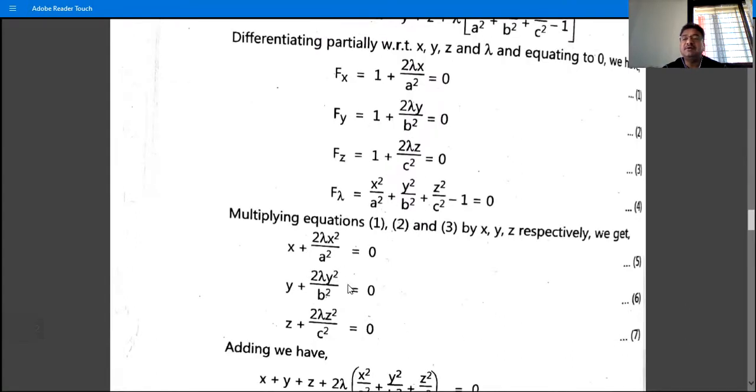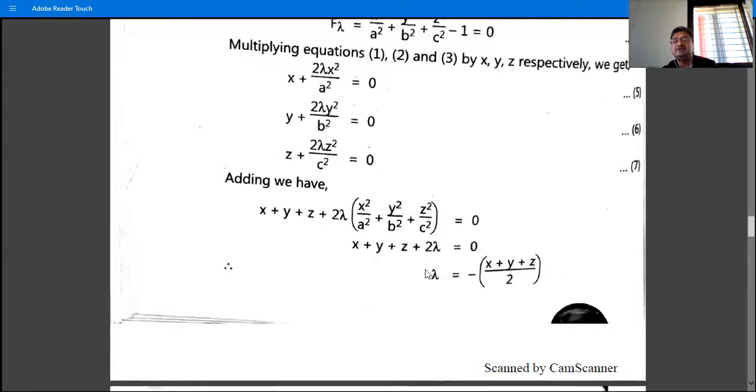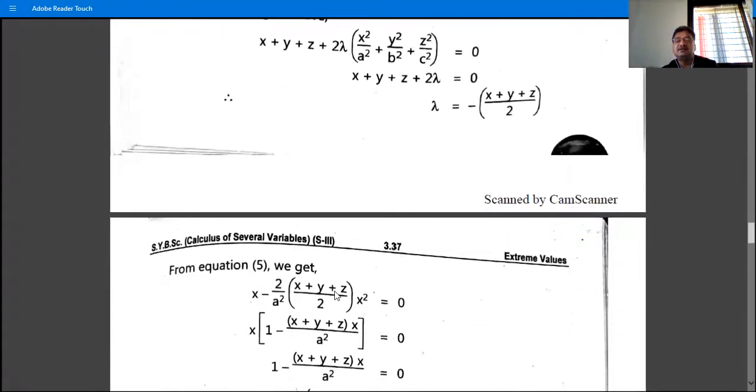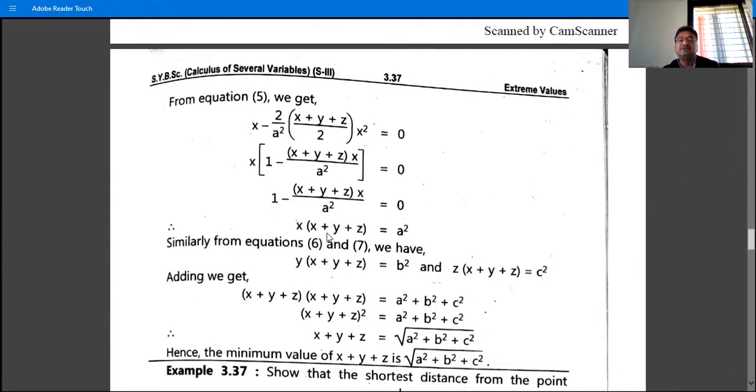Here is procedure number 2, that is, multiplying equations 1, 2, 3 by x, y, z, which gives 5, 6, 7. Adding 5, 6, 7, we have lambda. Again substitute lambda in equations 5, 6, 7 and we get these values.